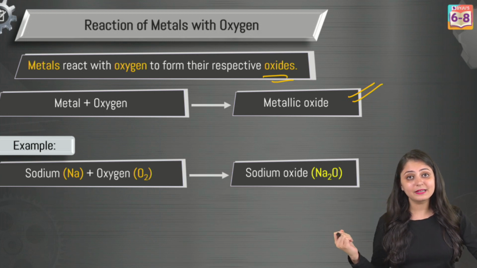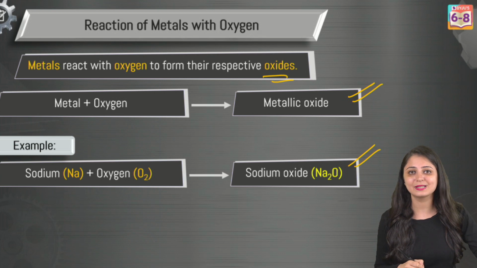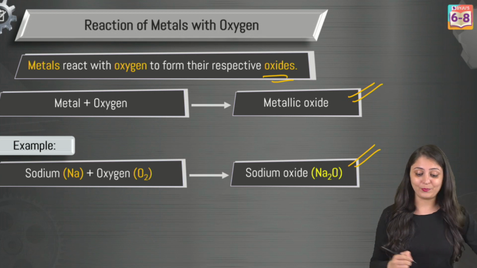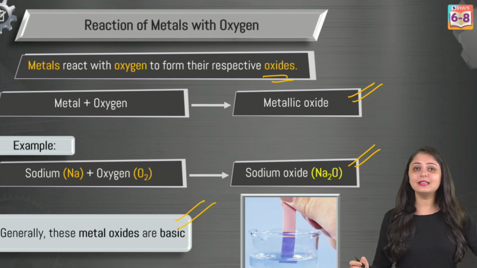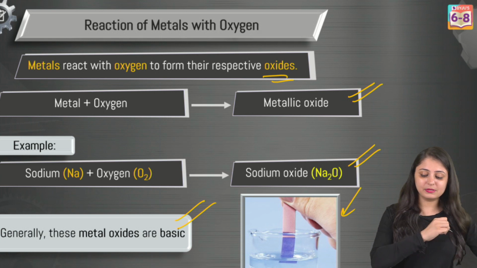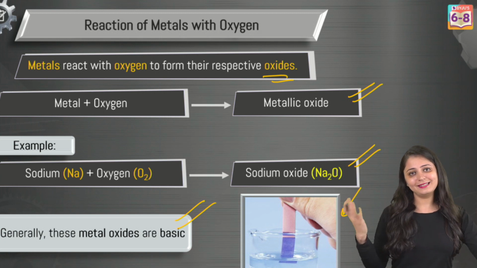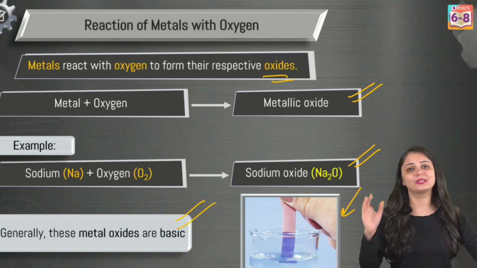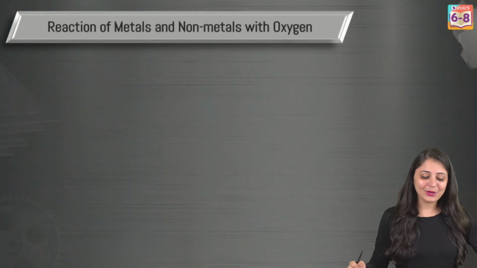Similarly, sodium is another metal that is also going to react with oxygen to give you the corresponding oxide, that is sodium oxide, Na2O. Now, these oxides are generally basic in nature. That means if you take a red litmus, that red litmus will change to blue, indicating that these oxides are basic in nature. So yes, you can say that generally metal oxides are basic in nature.